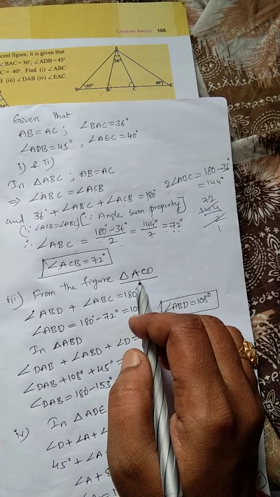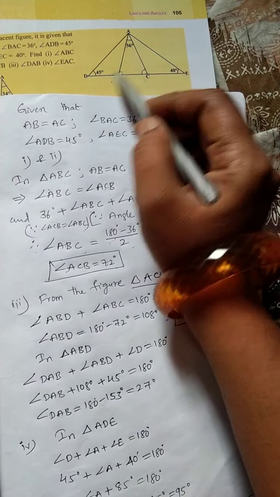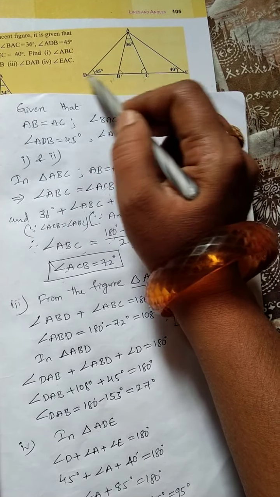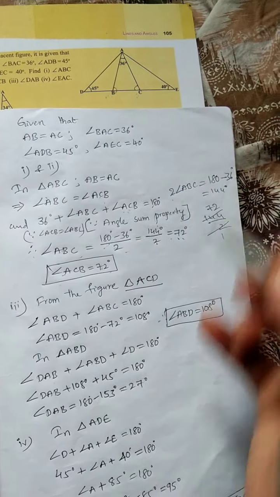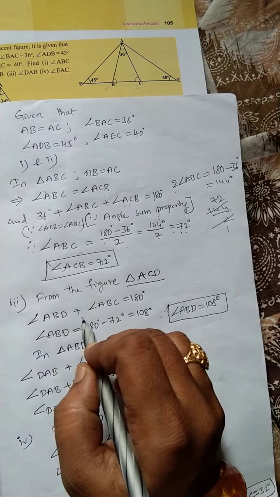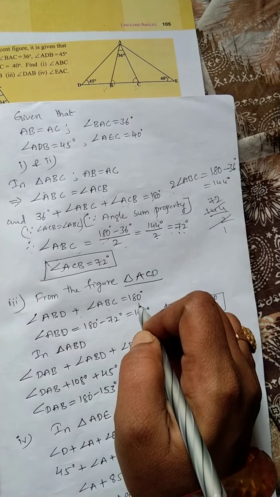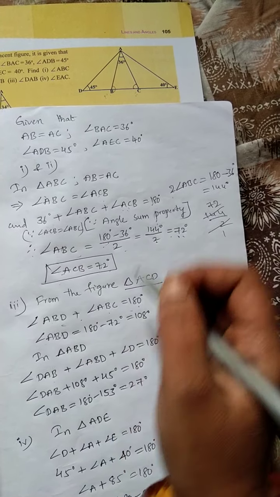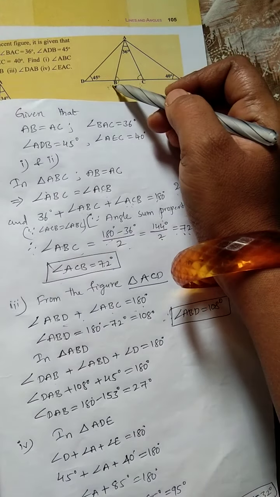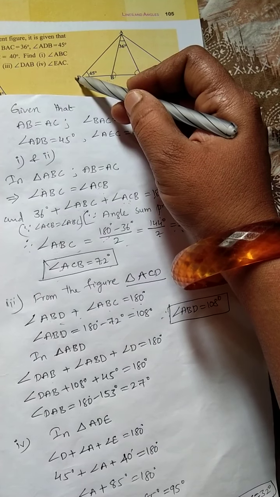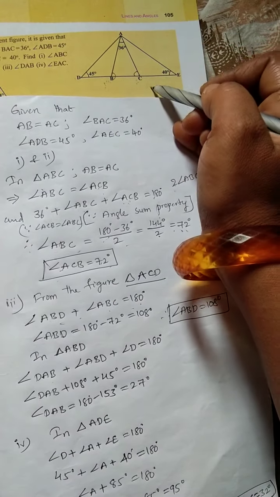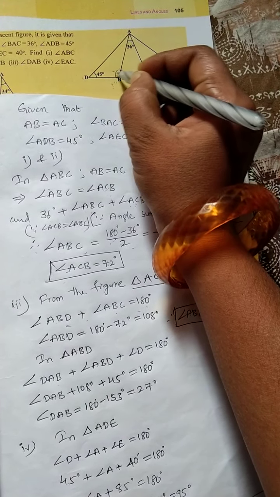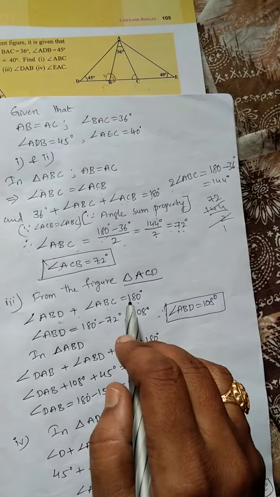Now triangle ACD, this big triangle, this half of the triangle. From this, angle ABD plus angle ABC is 180 degrees. These two angles, this angle and this angle, the sum should be 180 degrees.